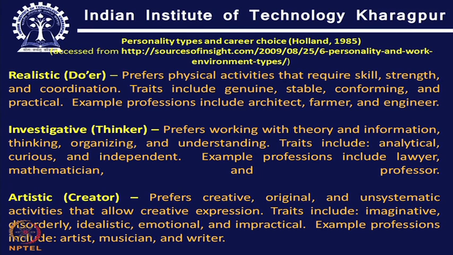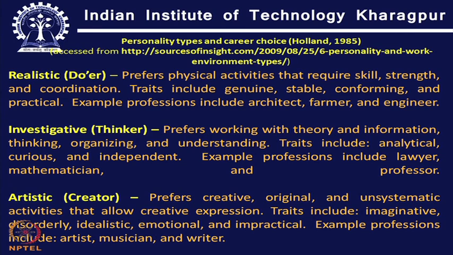Realistic is one type of personality type, the realistic or the doer, who prefers physical activities that require skill, strength and coordination. The personality traits include genuine, stable, conforming and practical. The examples of professions could be architect, farmer and engineer.